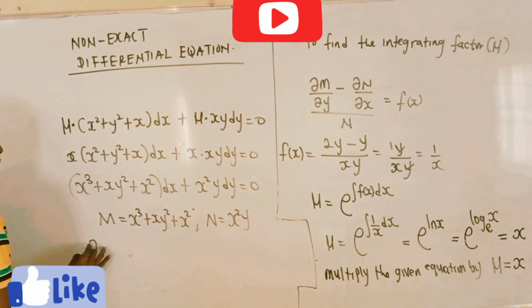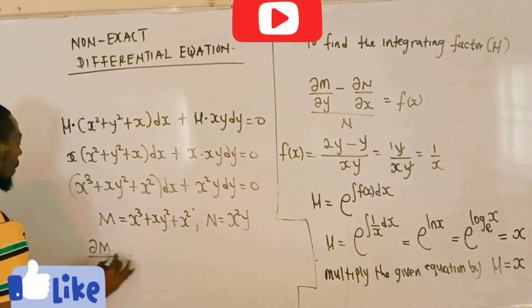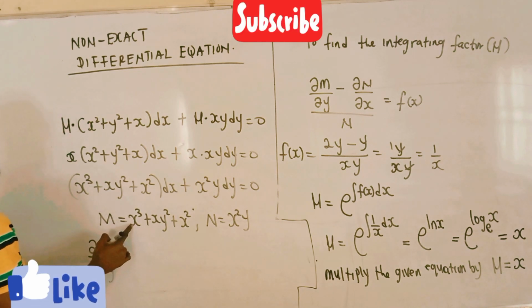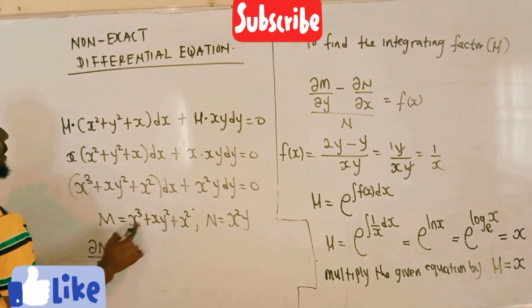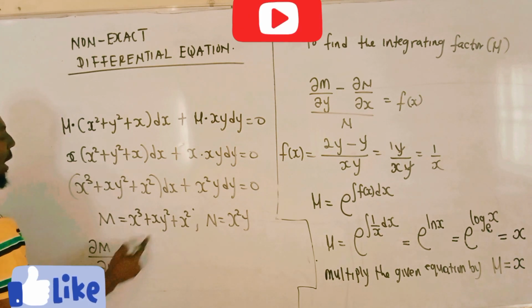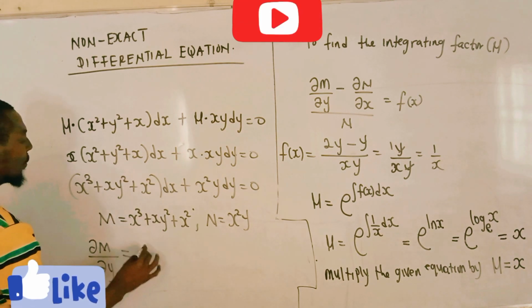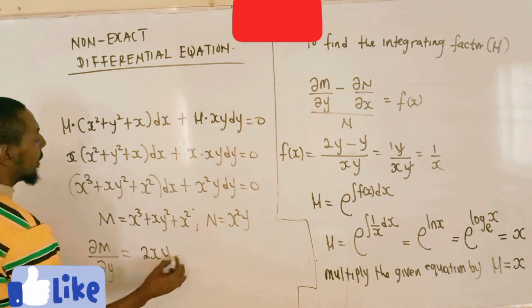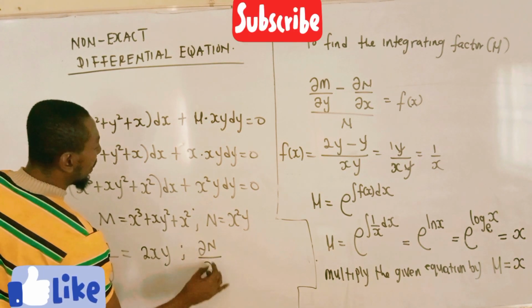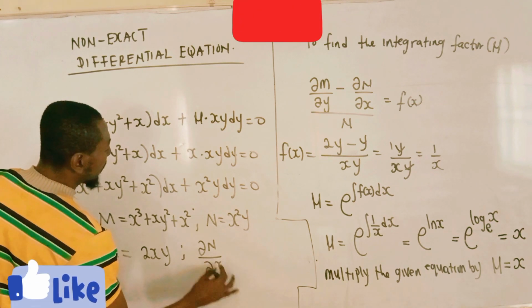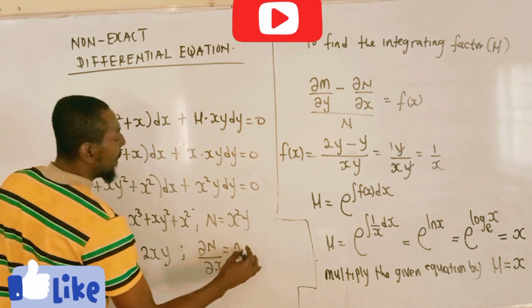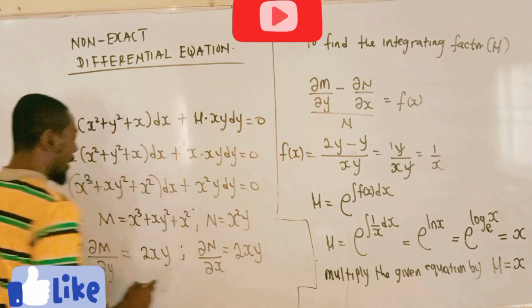So partial differentiation of M with respect to y, as usual. The other terms are constant, so they are 0. Differentiating this term with respect to y, 2 coming down, will give us 2xy. And of course, differentiating N with respect to x partially, 2 coming down and removing 1 from the power, we have 2xy.